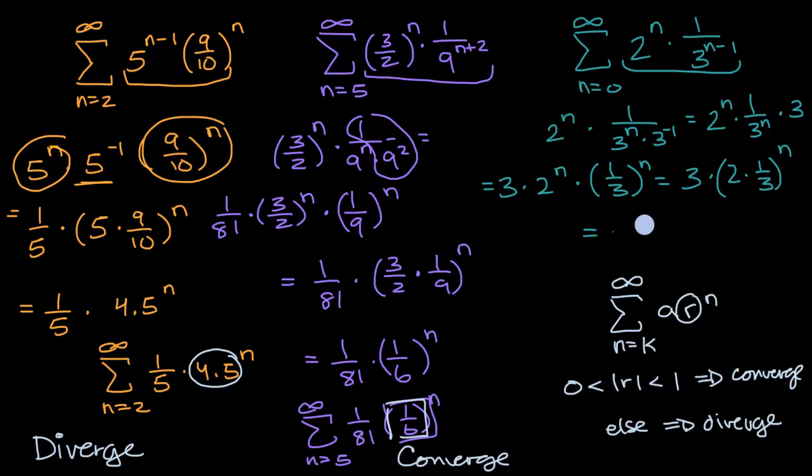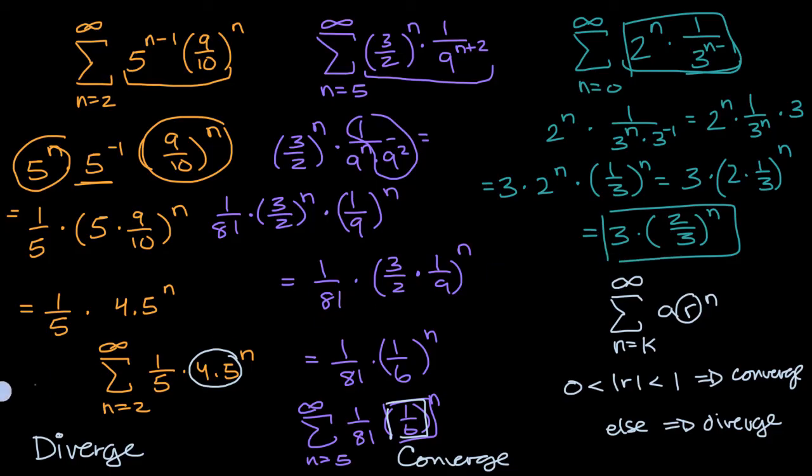That's going to be equal to 3 times 2/3 to the nth power. So we've just simplified this part right over here to 3 times 2/3 to the nth power. We can see that our common ratio is 2/3. The absolute value of 2/3 is clearly between 0 and 1. So once again, we are going to converge. And we're done.